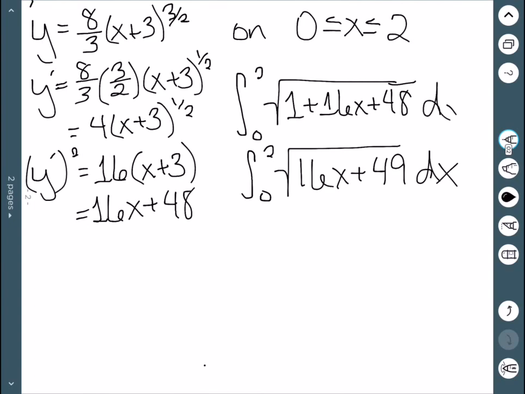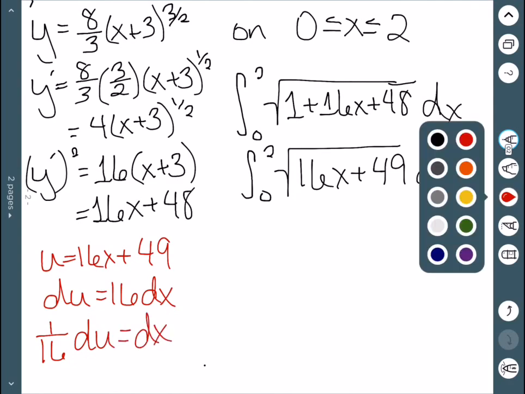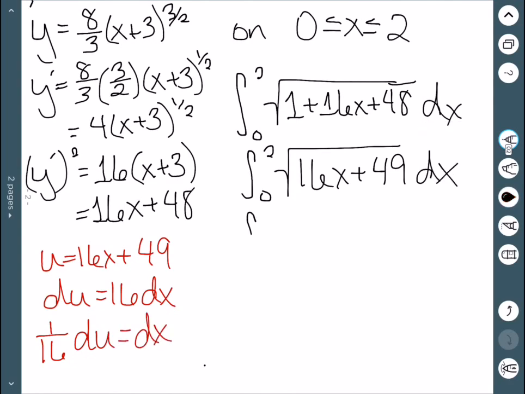We may not immediately be able to do this, however, we could with a simple u substitution. I'm going to let u be equal to 16x plus 49. Therefore, du is equal to 16 dx, which I'm going to rewrite as 1 over 16 du is equal to dx. When we do this, this now becomes the square root of u, which I'll write as u to the 1/2.